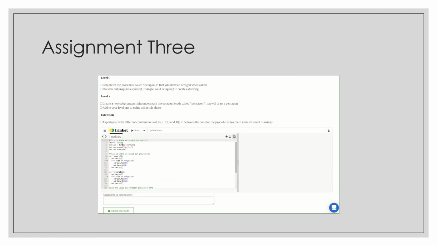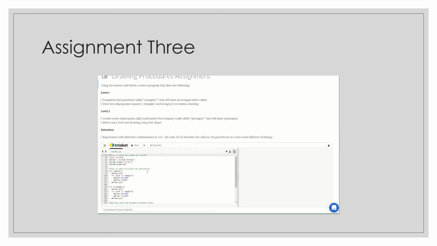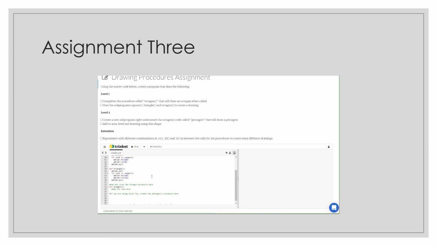So this is the code you've got with the standard importing Adrian and setting his speed. We've got the code for a square. We've got the code for a triangle. So can you reapply this code to create an octagon by putting the code there? What do you need to reuse and modify from this code here to make the octagon?